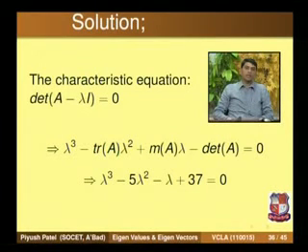M of A is the sum of the minors of the elements on the principal diagonal. After calculating M of A, you will get the value -1, and the determinant here is -37, so that ultimately we have the characteristic equation lambda cube minus 5 lambda squared minus lambda plus 37.